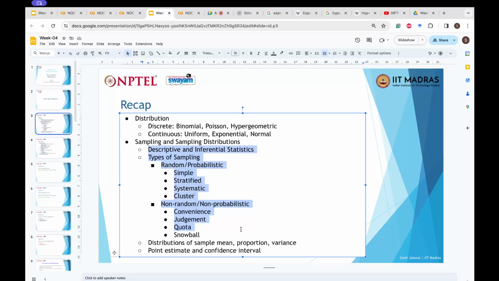This inferring something about the population from the sample statistics is known as inferential statistics, and descriptive statistics is nothing but finding the mean, median, mode from the given data. But inferring something about the population from sample statistics is inferential statistics, and in this case we will be dealing with different sorts of problems.